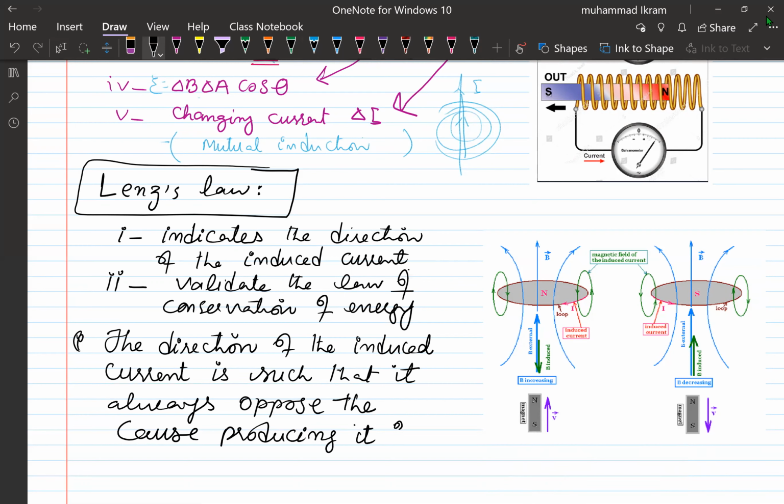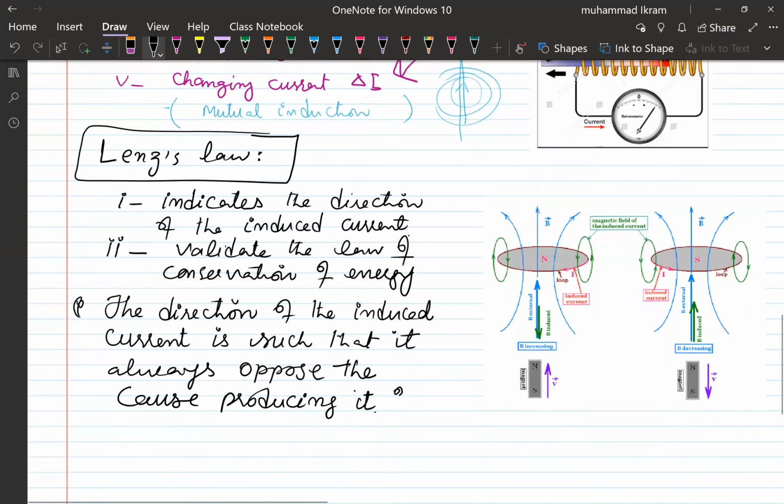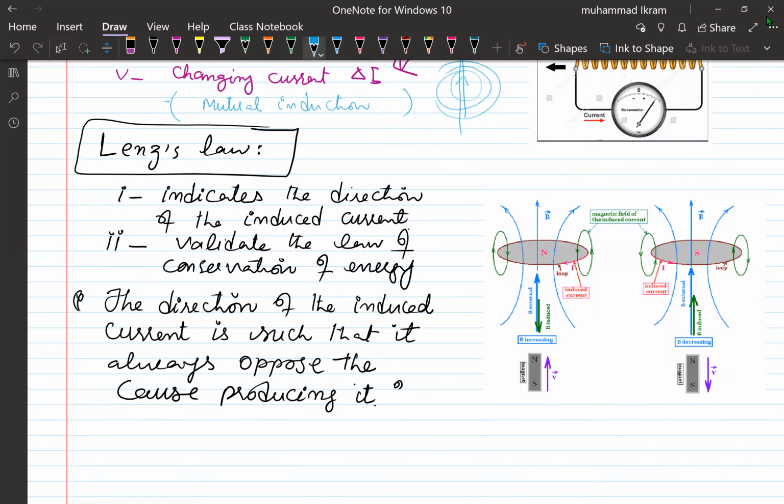Okay, so you know there are always two things, the cause and the effect. So the direction of the induced current is such that it always opposes the cause reducing it.